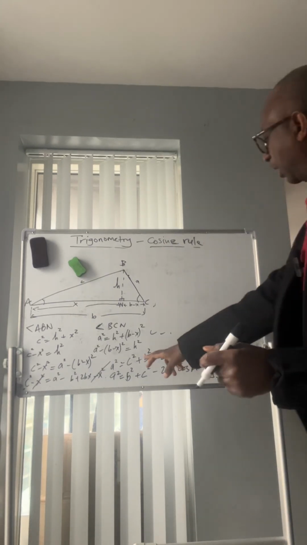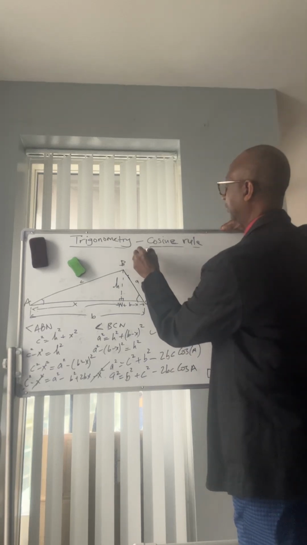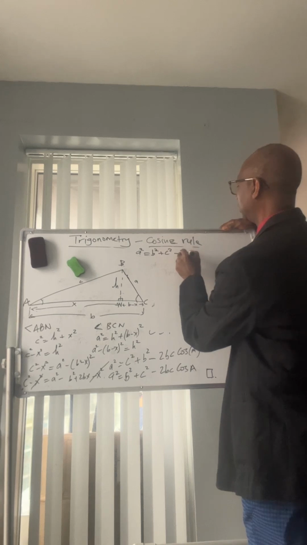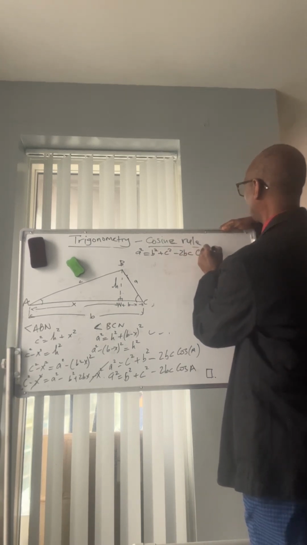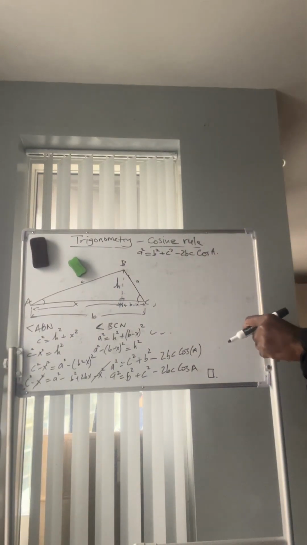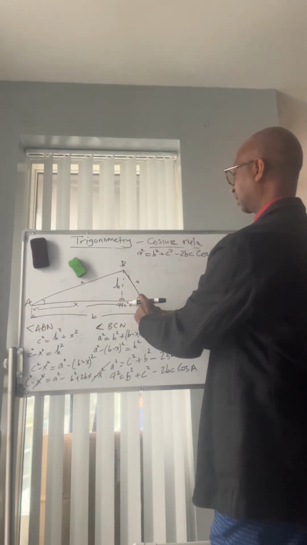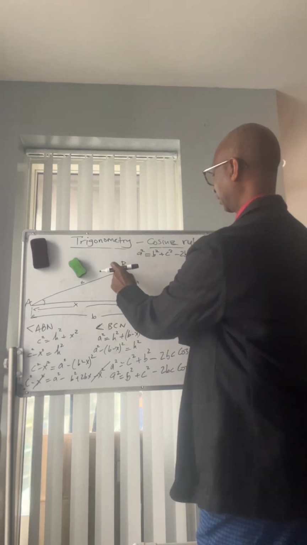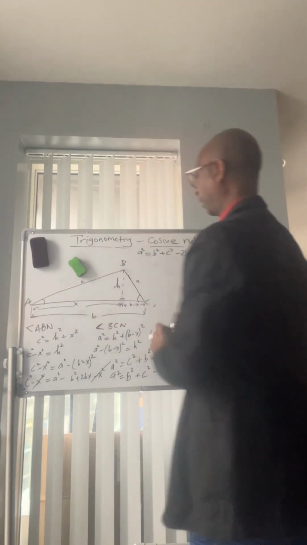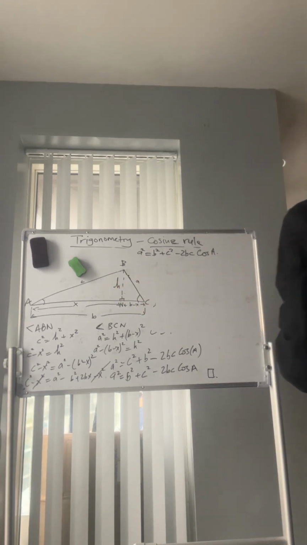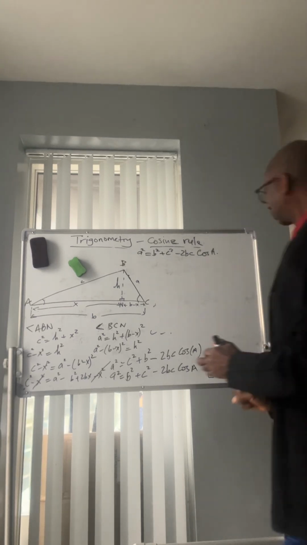Right? We have this formula here: a squared equals b squared plus c squared minus 2bc, the cosine of A. If I now change these letters, I bring A here, and I bring C here, then I bring B over here, and I leave everything the same, what is going to change?